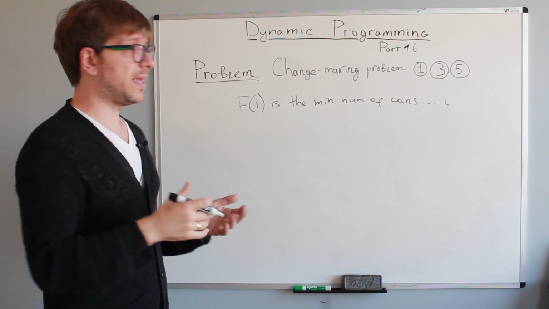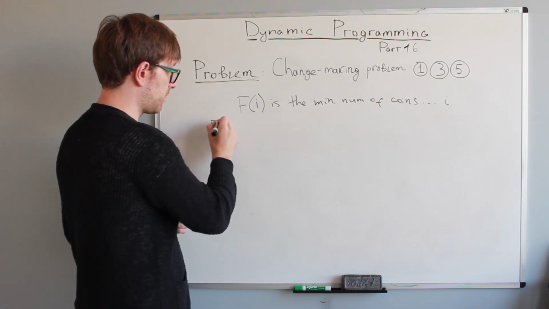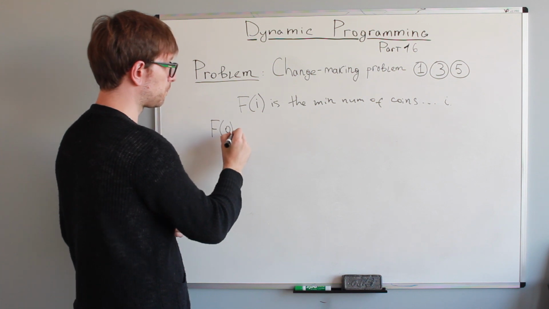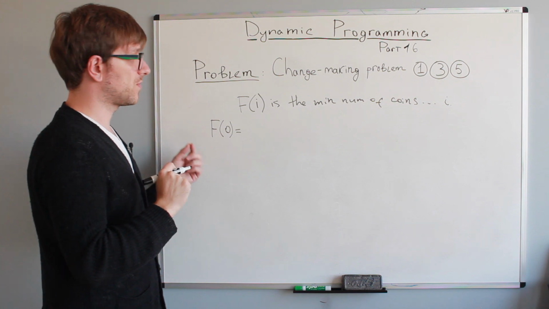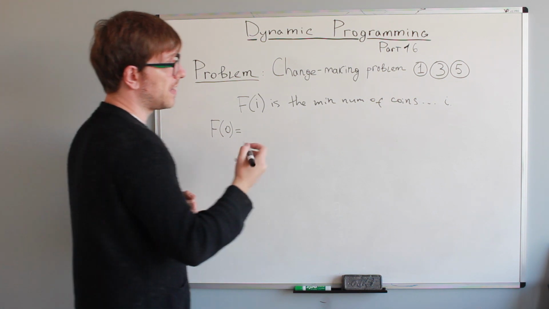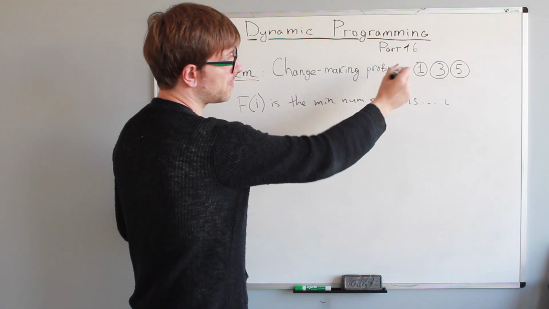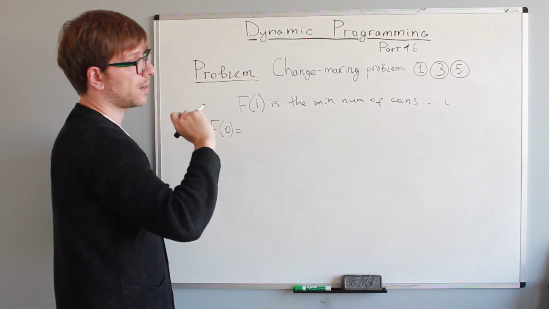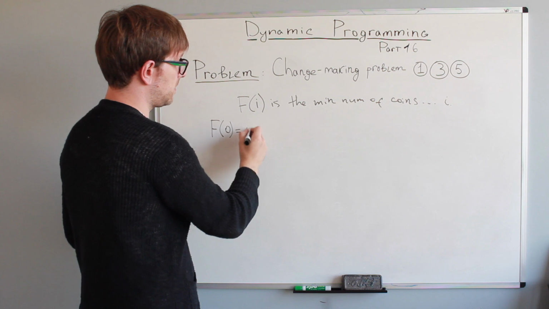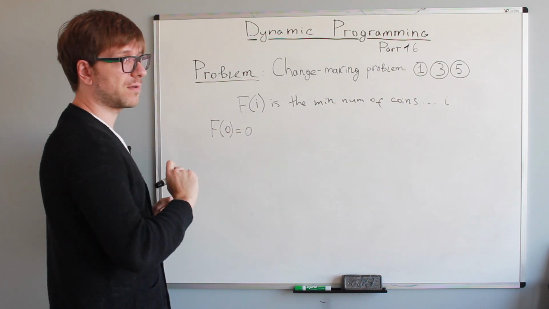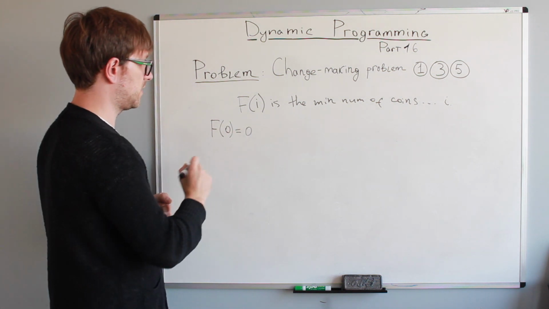Let's take a look at base cases. So f of 0. What's the minimum number of coins to make a change of size 0? Basically, we can use 0 coins of each denomination, and this would be 0. This is the minimum number of coins to make a change of size 0.